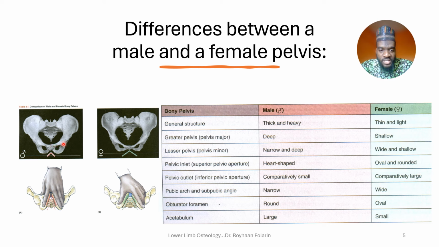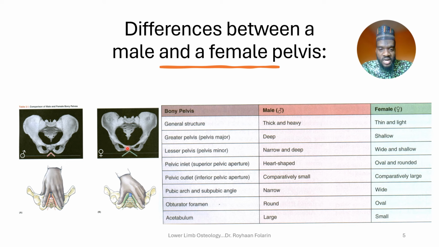Then the pelvic outlet on the other end, that's the inferior pelvic aperture, is comparatively smaller in males, while in females it's comparatively larger. So that's also to give an obstetric advantage.